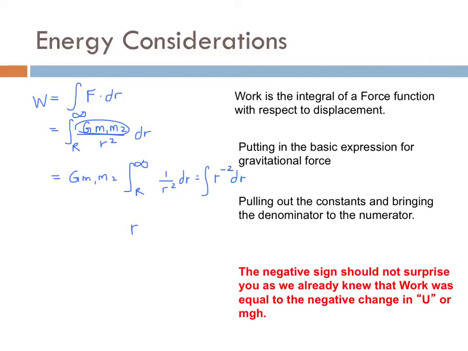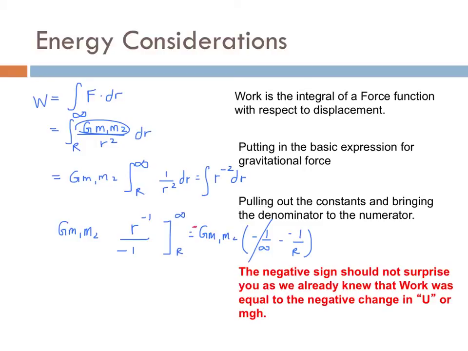we get negative 1 over negative 1. Again, we still have those constants. And we need to evaluate it from r to infinity, which just becomes negative 1 over infinity minus a negative 1 over r.